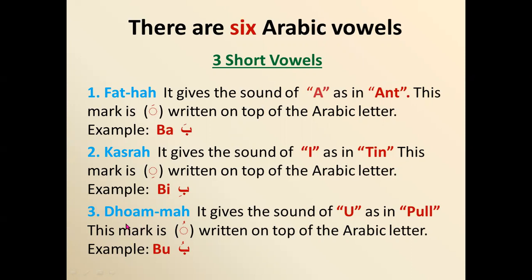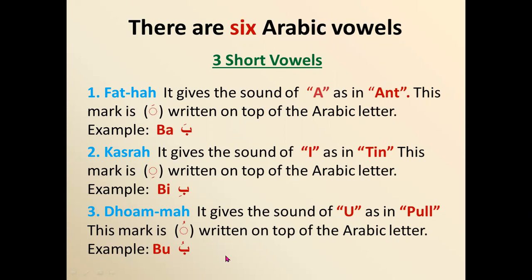Next is the Dhamma. Dhamma gives the sound of U, as in pull. And the mark is written on top of the letter. It looks like a small waw written above the letter. And the sound of it is U. So like here we have Ba Dhamma, and we read it as Bu.